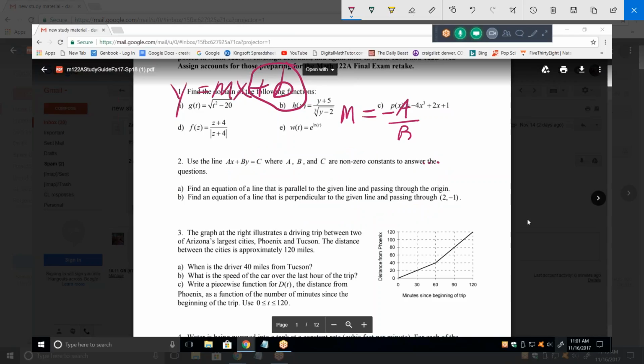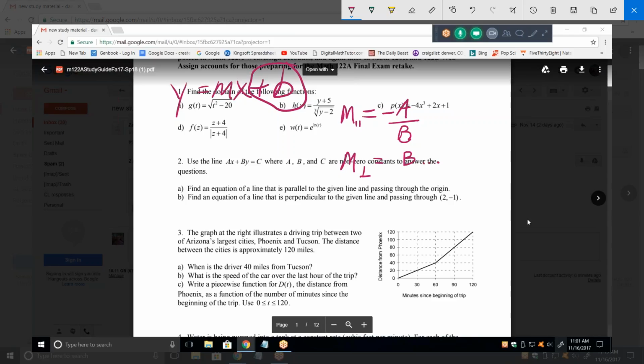So find an equation of a line that is perpendicular to the given line. So what does that mean about the slope is going to have to be? That was the slope of the parallel. This is the slope of the perpendicular. It has to be the inverse. Give it to me. B over a. Okay, you did two things there.